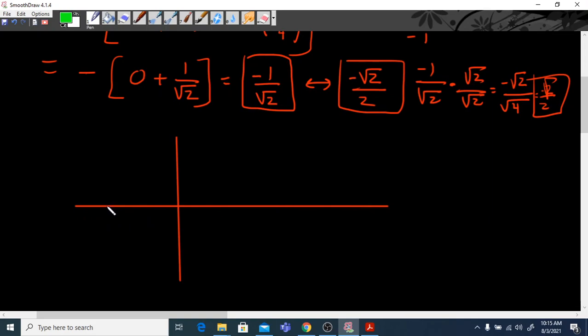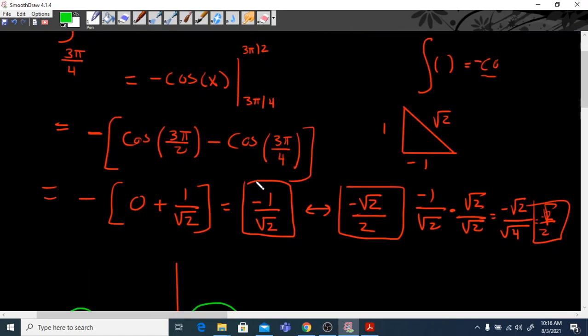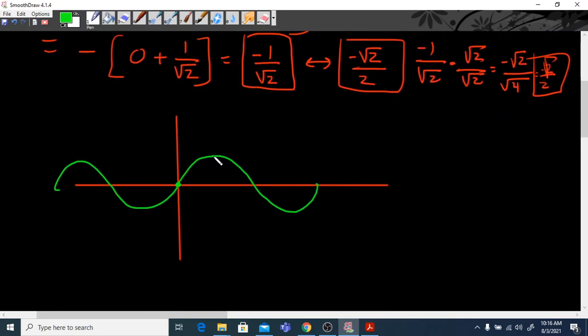If we look at the sine function here, there's 0 to 2 pi, and we're going from 3 pi over 4 to 3 pi over 2. So here's pi over 2. 3 pi over 4 is going to be basically right here, so this is where we're going to start. And then 3 pi over 2 is this guy.